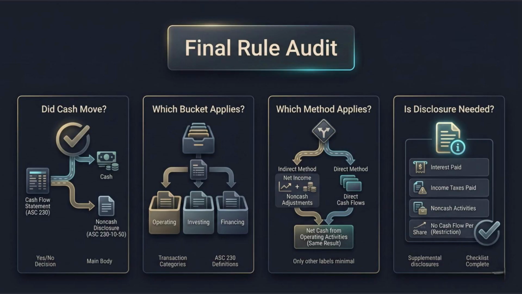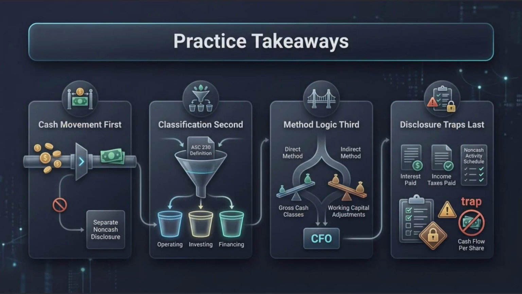Direct method shows cash receipts and payments. Indirect method starts with net income and adjusts to CFO. Fourth, is disclosure needed? Check for interest paid, income taxes paid, significant non-cash investing and financing activities, and the cash flow per share prohibition. This 4-question audit is more useful than memorizing answer patterns. Accounting is not a lottery ticket. The logic must stand. Let us close this ASC 230 practice session.